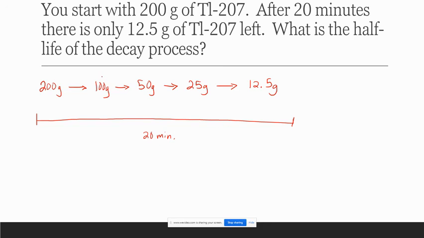So how many half-lives did we go through? We went through 1, 2, 3, 4 half-lives. So if I take 20 minutes and divide that by 4, that means I've got 5 minutes for each of my half-lives, and that's my answer.